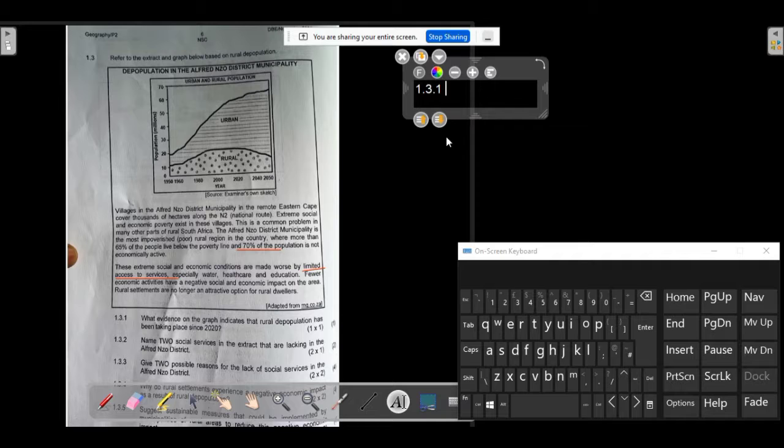Question 1.3.1 says, what evidence on the graph indicates that rural depopulation has been taking place since 2020?